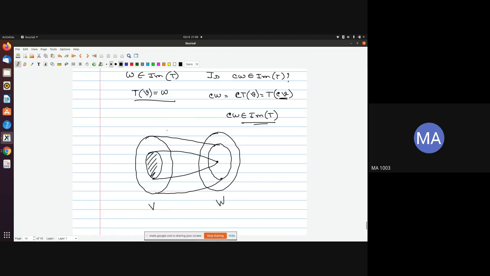From V to W, there is T. Take everything in the domain. It is going to something here, something here, and this is the image, which is inside W. W is the codomain, this whole thing is the codomain.